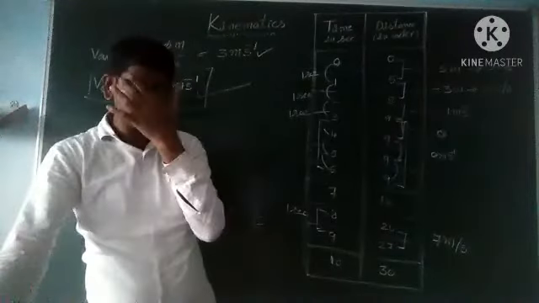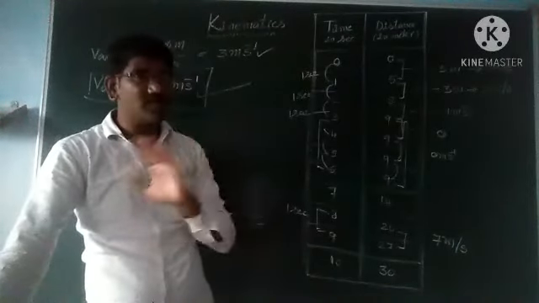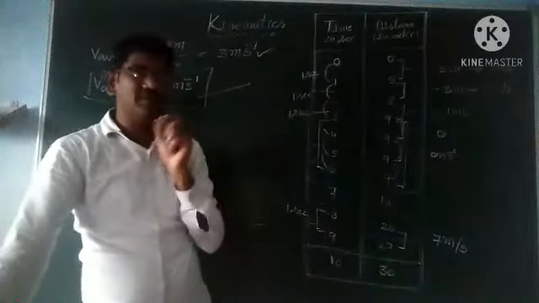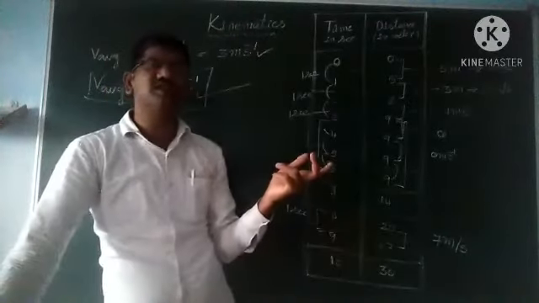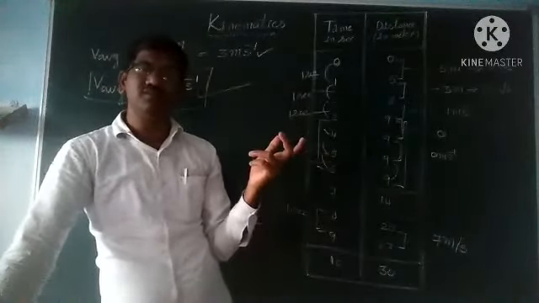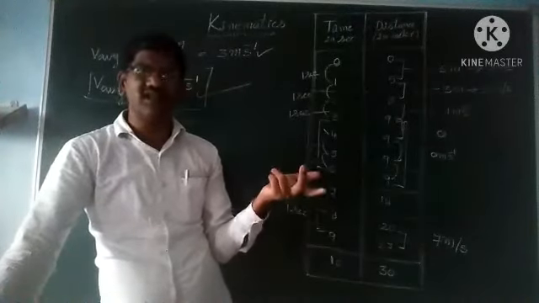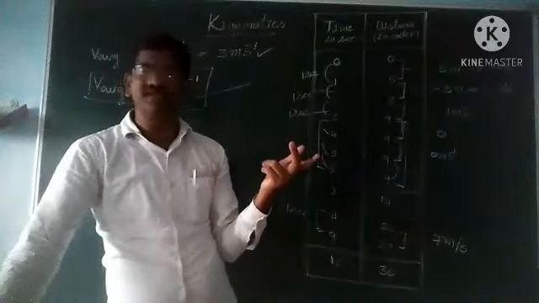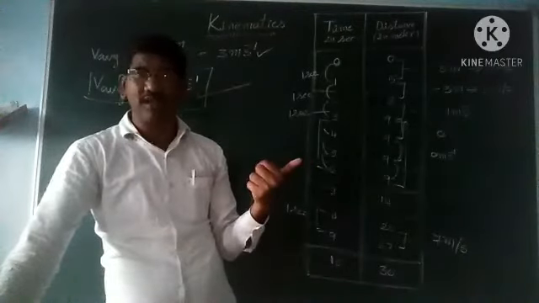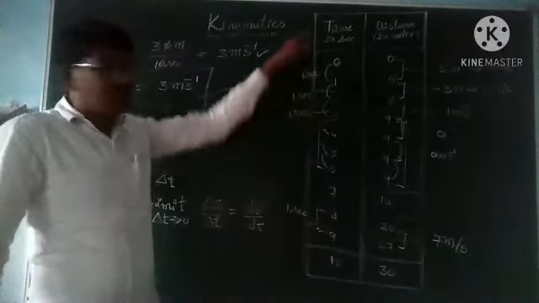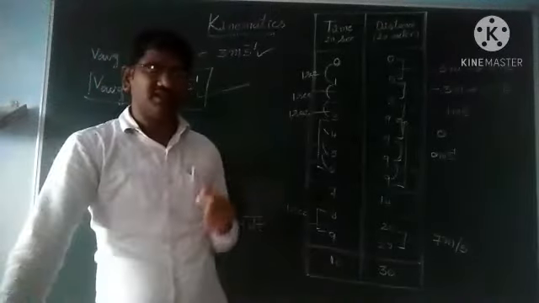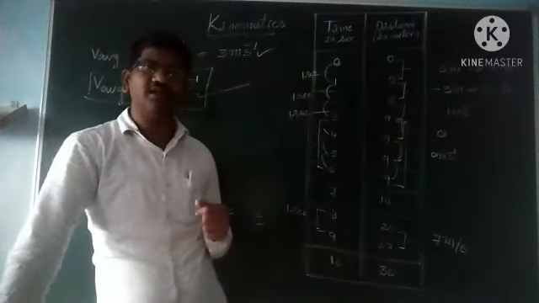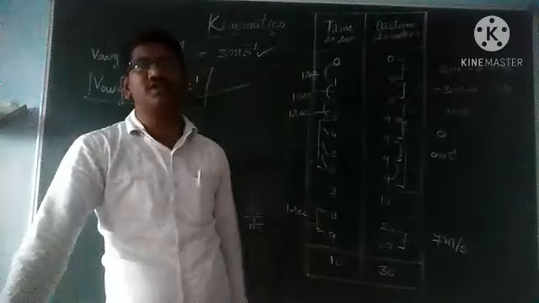At that instant its instantaneous speed is 0, average speed is not equal to 0. So in some situations instantaneous speed is equal to average speed, in some situations instantaneous speed is greater than the average speed, and in some intervals of time the instantaneous speed is less than the average speed, and the instantaneous speed in a given interval of time can be 0 in a particular interval of time, but average speed is not 0.